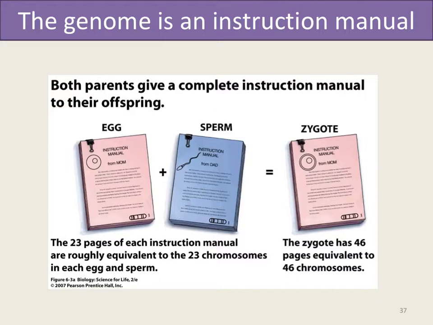So you can't just go through and read it and you'll get a person. It doesn't work that way. Genes are expressed in terms of the environment that they're in. I just want you to understand that. But for now, we're just going to say there's a genetic instruction manual.